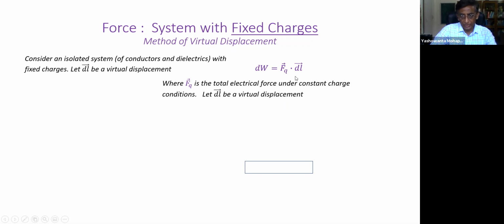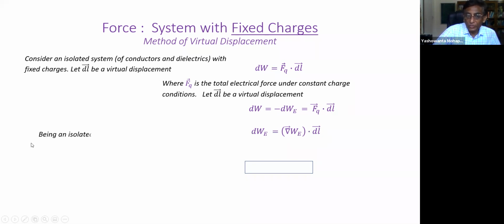Then the work dW is F_Q dot dl, but this work must have come at the expense of the electrical energy, so it must be equal to F_Q dot dl but minus dWE. Now, this dWE is a scalar quantity. I can always express it in terms of the gradient of WE dot dl. That's the expression that we already know, that any differential amount of a scalar is the gradient of the scalar in the direction of the displacement.